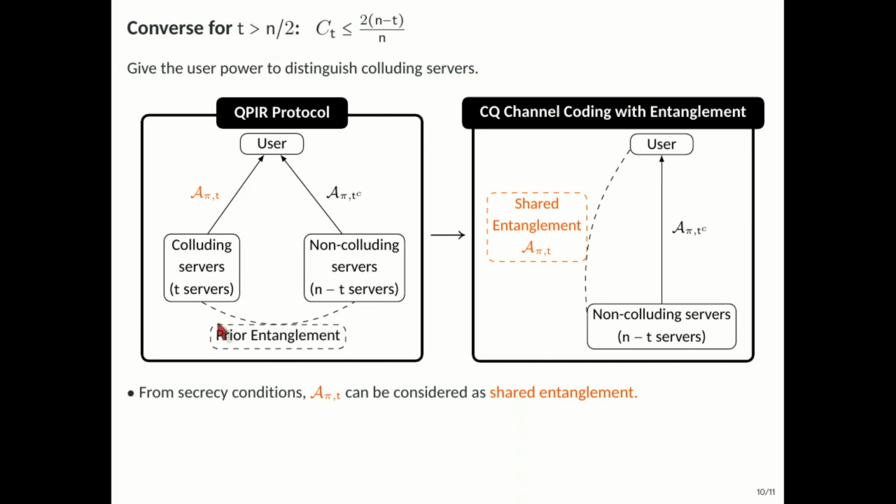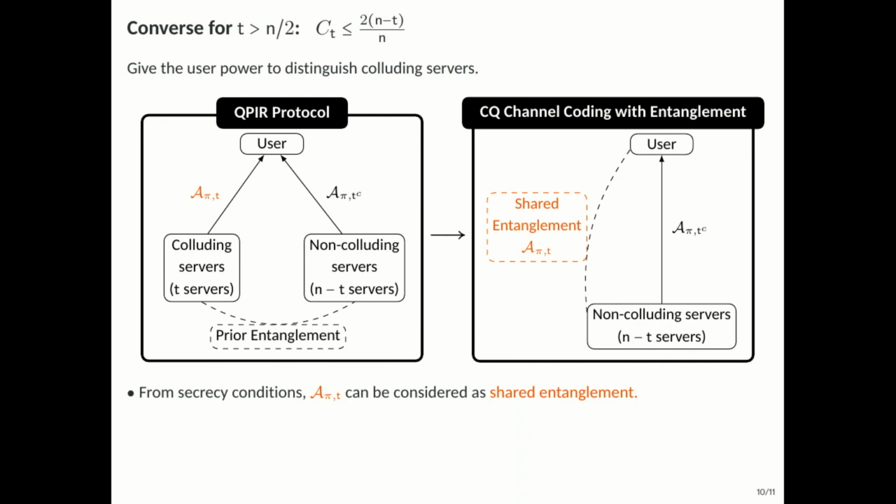In the left figure, we focus on the downloading state of the QPIR protocol and consider grouping the colluding servers as one and the non-colluding servers as the other. And in our paper, we proved from the secrecy condition that the quantum state from the colluding servers can be considered as entanglement between the non-colluding servers and the user.